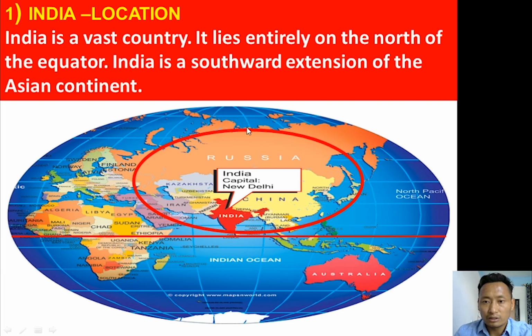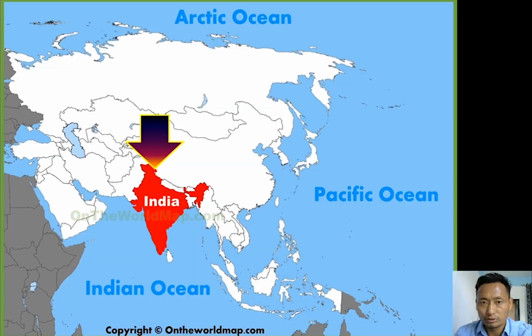Inside this circle are the countries of Asia. If we talk about the location of India in Asia, India is located at the south of Asia, a southward extension of the Asian continent. That is the location of India in Asia and in the world.